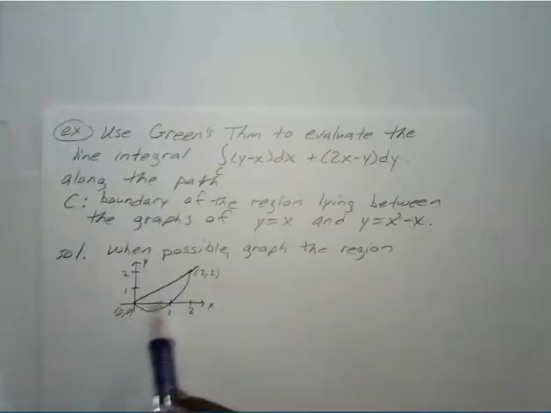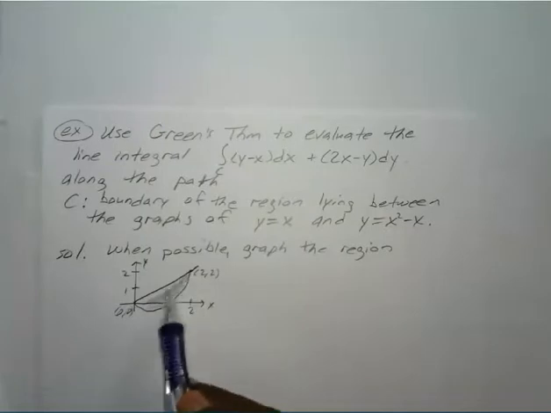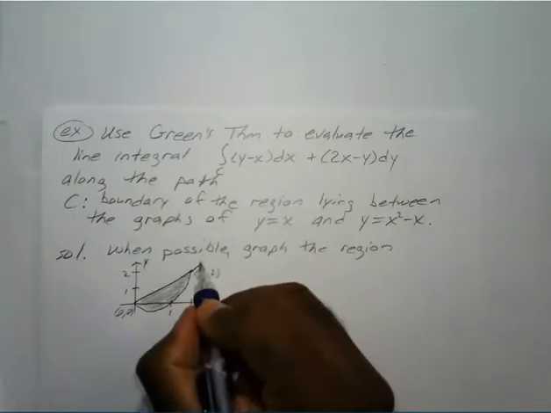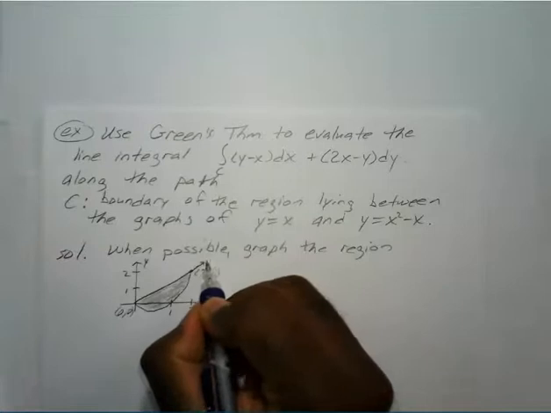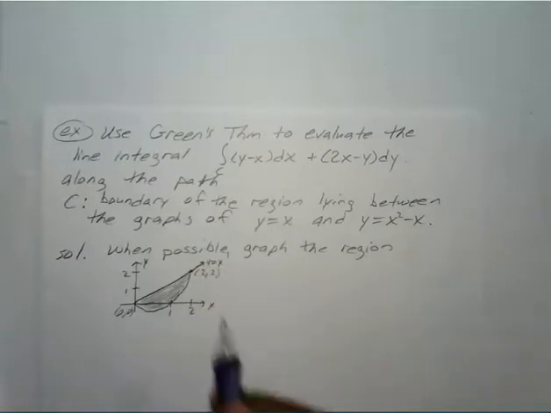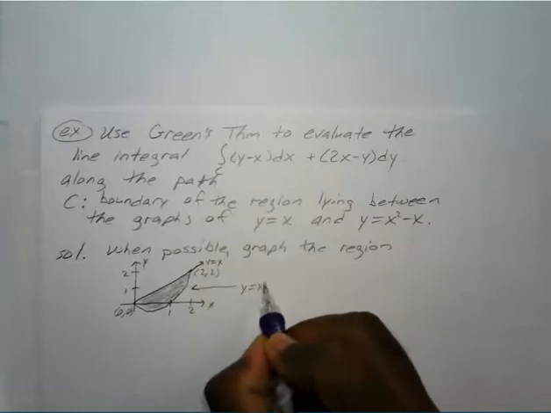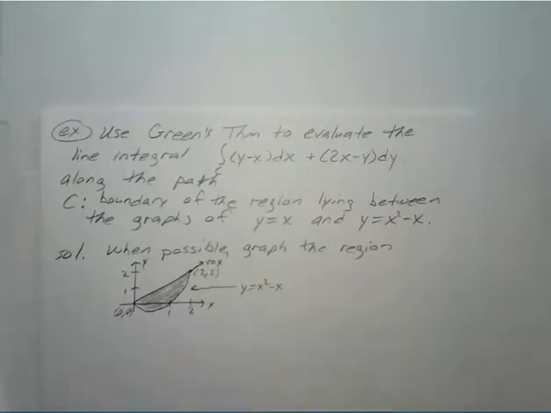Okay, so really we're looking for the line integral of that region. Okay, so of course this is our y equals x, and this graph is your y equals x squared minus x.